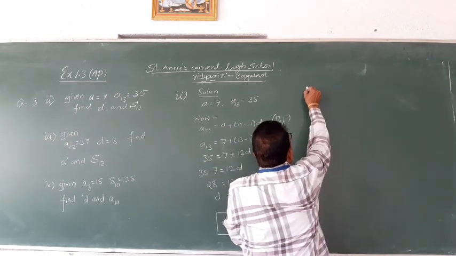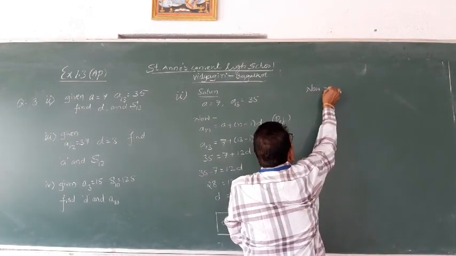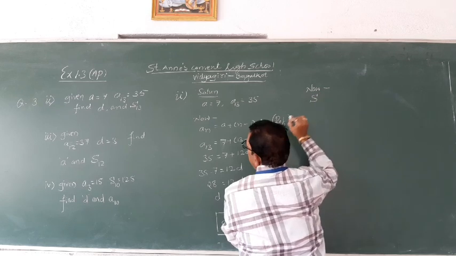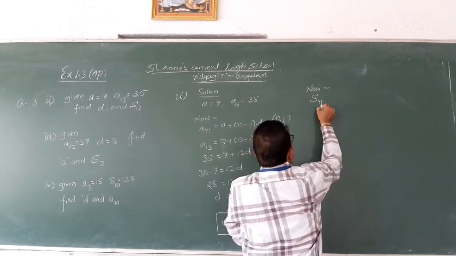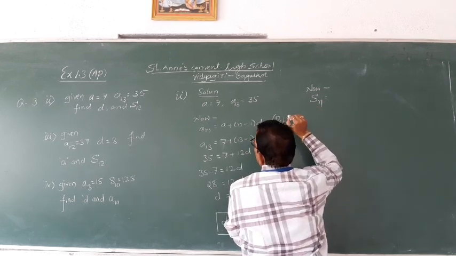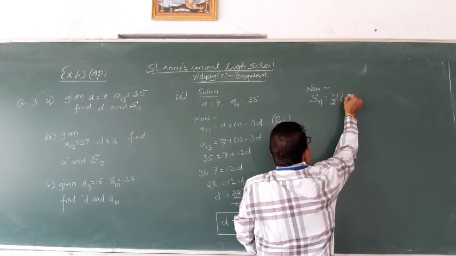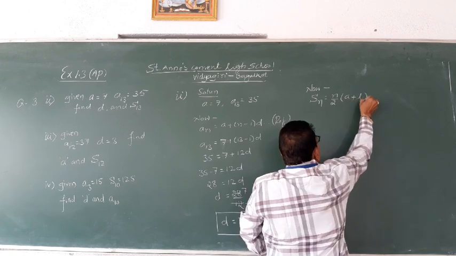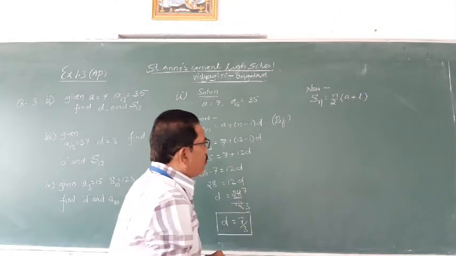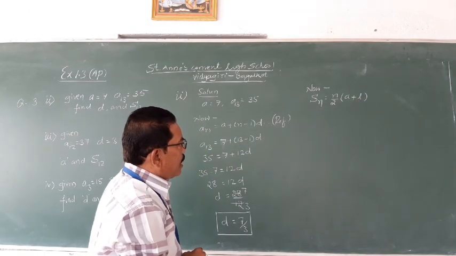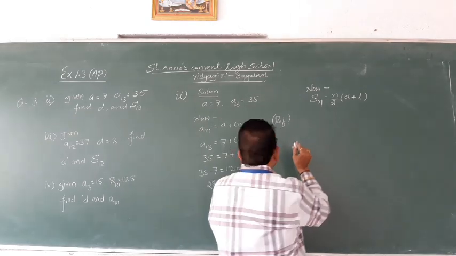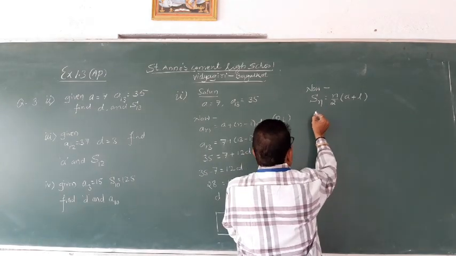Now, Sn equals n by 2 in the bracket a plus l. Sn equals n by 2 into a plus l. Now S13 is what we have to find.